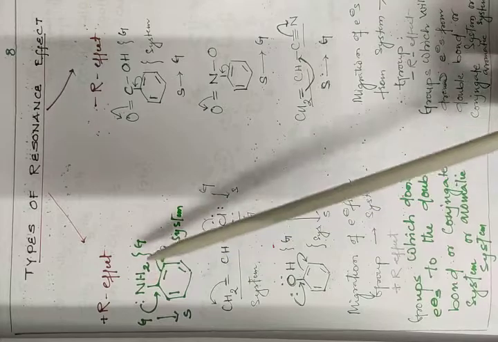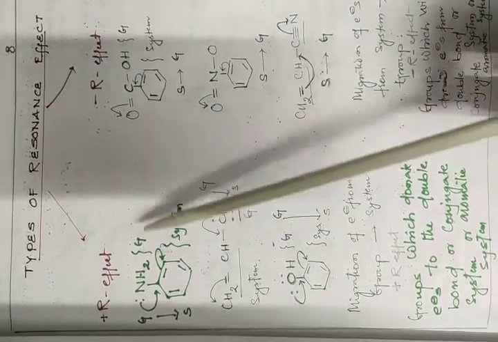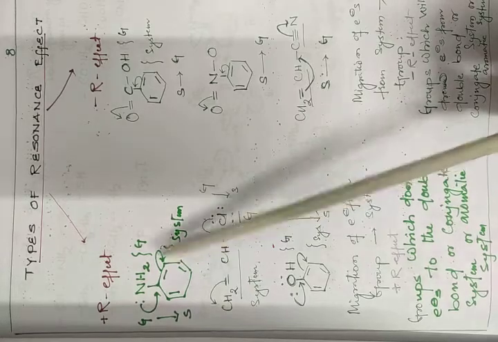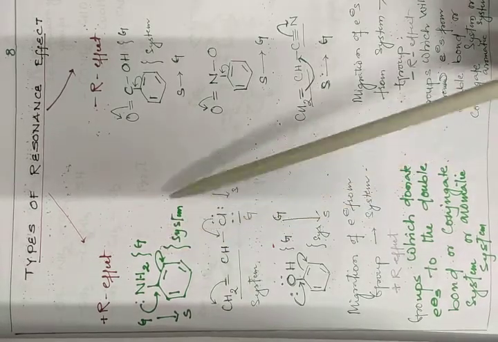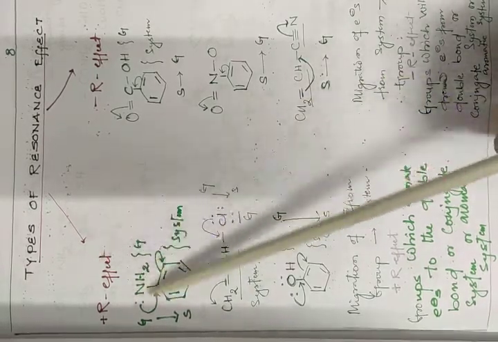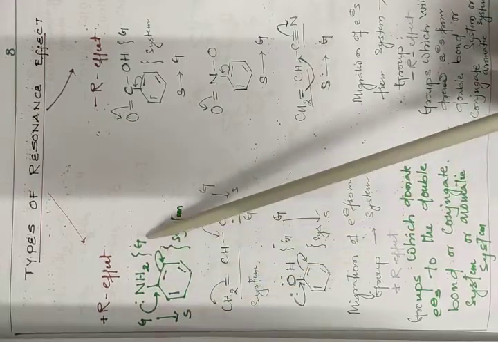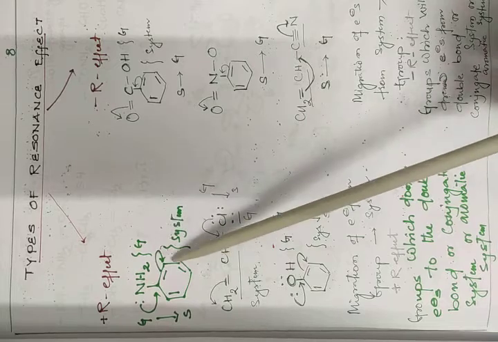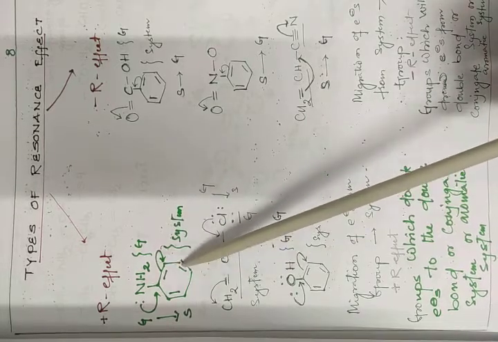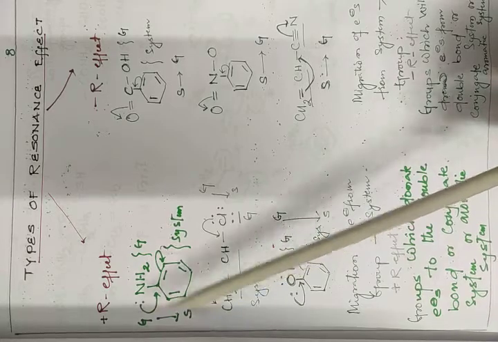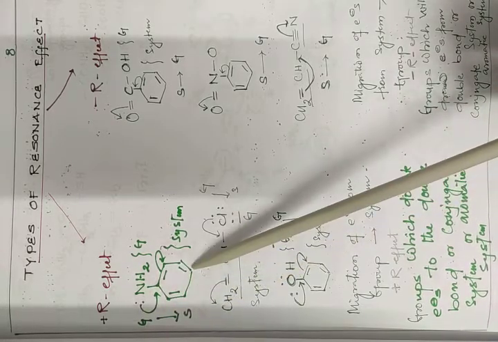Then another one will break and be given to here. This NH2, this amide group, is a group, and this benzene is the system. So group to system, that is positive R.